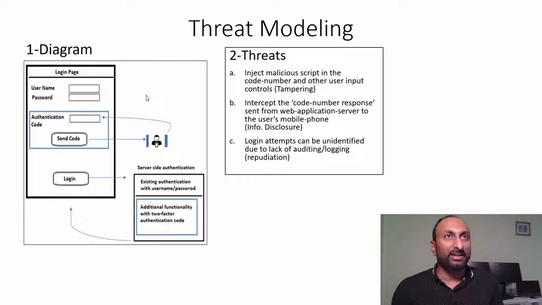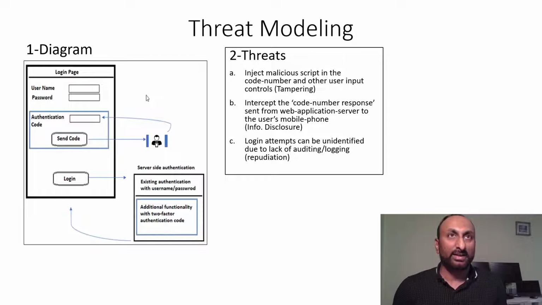So the first threat we can identify is that a malicious actor can attempt to inject malicious script in the code number user input control, or in any other user input control. And that malicious script can attempt to tamper with the functionality or even tamper with the data. Therefore, this threat can belong to the tampering threat category.